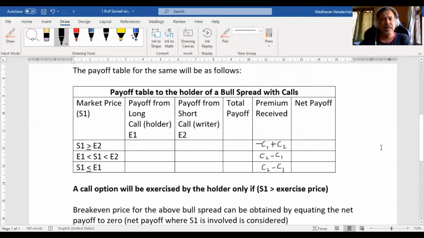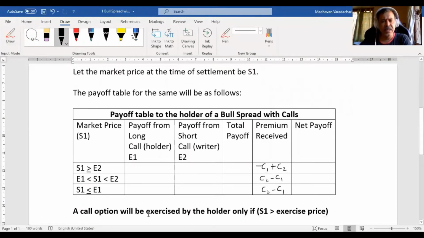Now, the thumb rule is any call option will be exercised by the holder, whomsoever is holding the call option, only if the market price is larger than the exercise price. Here, the condition is the market price is larger than the largest exercise price. And here, payoff from long call means I am the holder because I purchased it. I'm going to hold the call option.